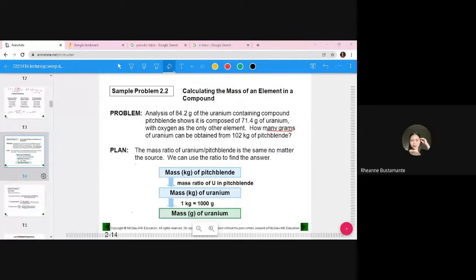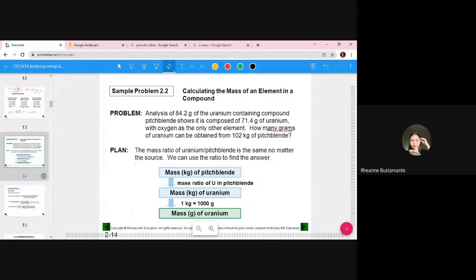So the problem is analysis of 84.2 grams of the uranium contained compound pitch blend shows it is composed of 71.4 grams of uranium, with oxygen as the only other element.